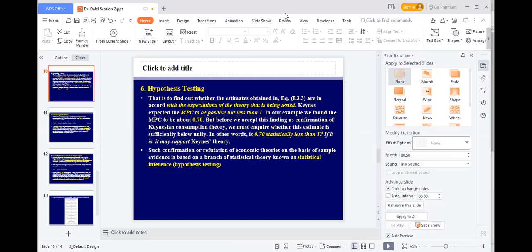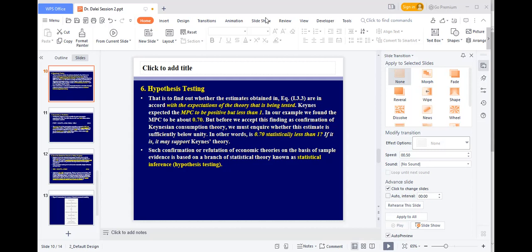Here we assume that our MPC is always less than 1. We have assumed that MPC is always less than 1, and we observe that MPC is 0.70, which is less than 1. But we have to prove statistically that it is less than 1.